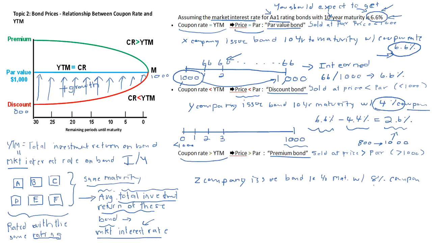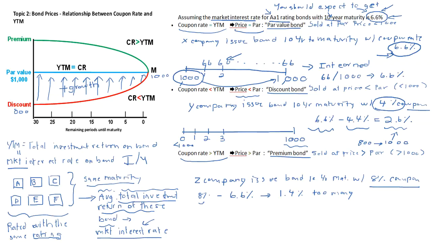So let's look at this coupon rate. 8%, oh wow, is much higher than the market interest rate that you expect. So 8% minus 6.6% is equal to 1.4% that you get, basically too much compared to the market.